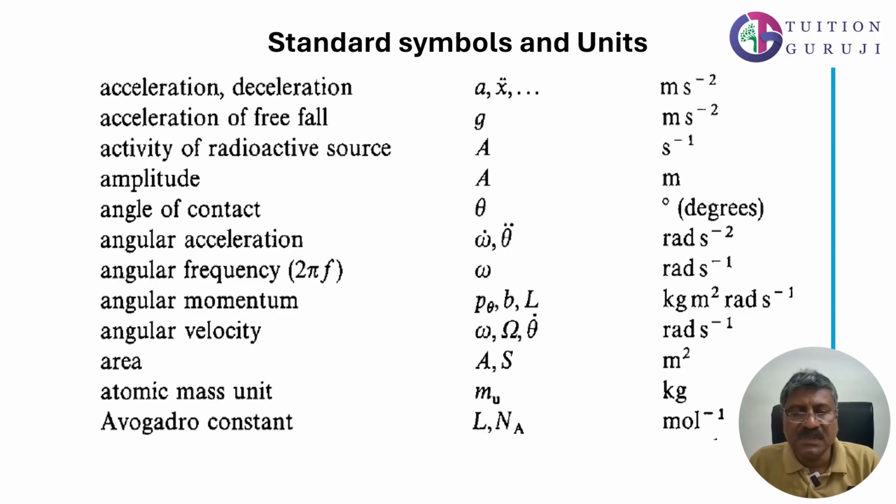Atomic mass unit is given as mu in kg. Angular frequency 2 pi f is given in radian per second. So all the standard symbols and units are given here. Please note it down. It will be useful for you in the coming sessions.